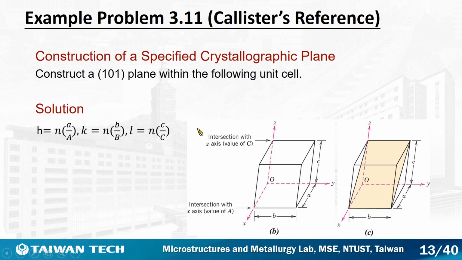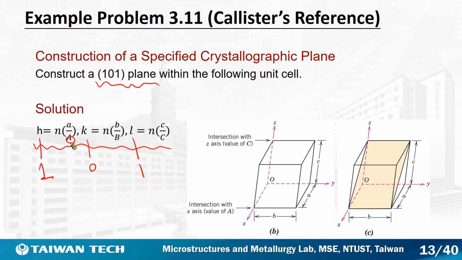Okay, and let's see these different questions. Construct a 101 plane within this unit cell. Okay, 101 plane. If you have a lot of experience drawing this, it'll be easy for you to draw a plane. But let's first try the basic way. That is, we use these equations. So 101 means h is 1, k is 0, l is 1.